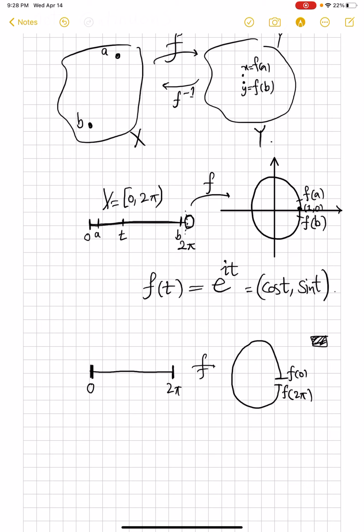And because you want injectivity, they cannot coincide. You cannot touch at these 2 points. And now because of compactness, not touching would put actually a buffer zone in between them. So not only do they not touch, they are also actually far apart by a positive distance.